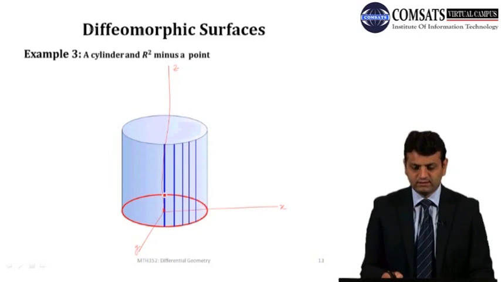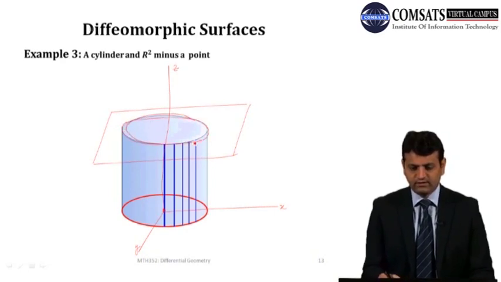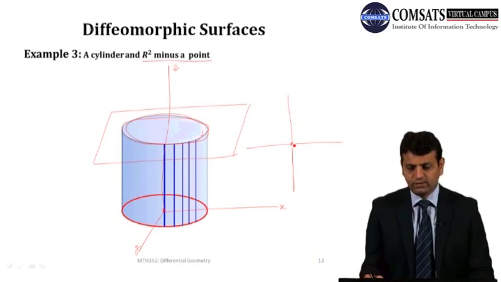So this is the red circle in xy plane, और उसके अलावा कोई भी आप plane लेंगे parallel to z axis, then it will again be a circle in that plane. So that's how we define a cylinder. और जो cylinder है, it is basically diffeomorphic to R2 minus a point. So R2 minus 1 point is diffeomorphic to the cylinder.